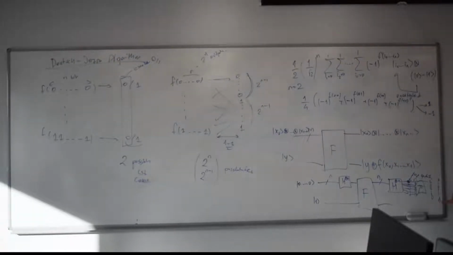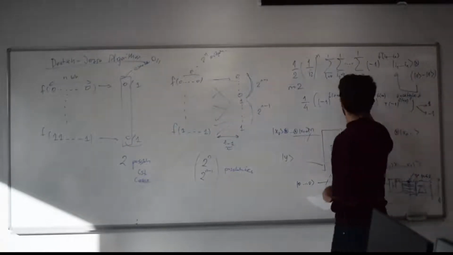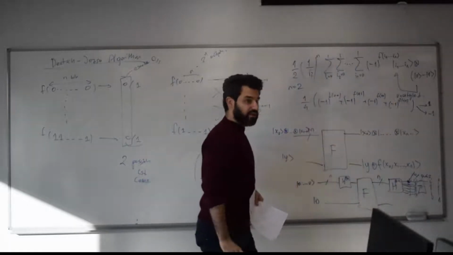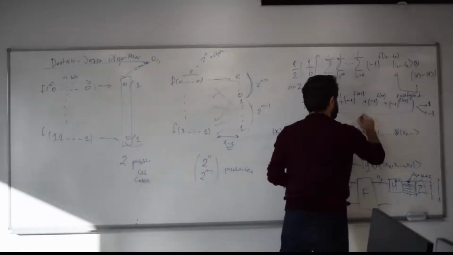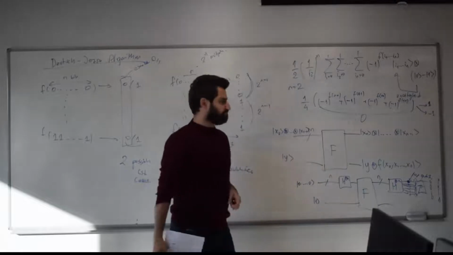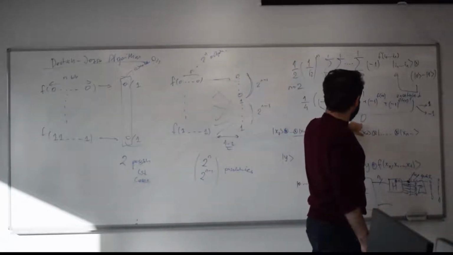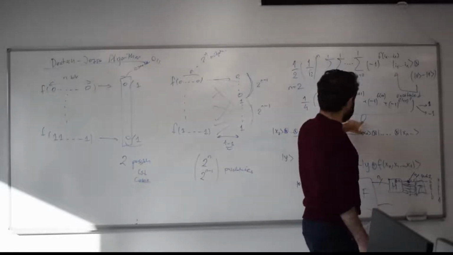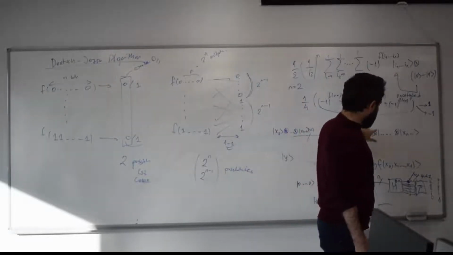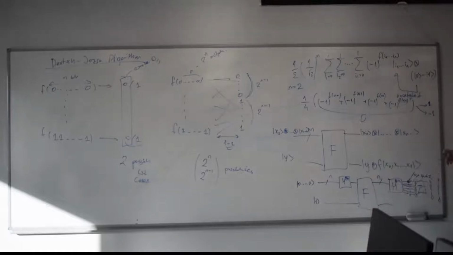Because for constant functions, this has to be either 1 or minus 1. Remember that if this function is balanced, this would be a 0. So if this is 0, then 1 over 4 multiplied by 0 gives you 0, and the measurement result will be 0, not 1.